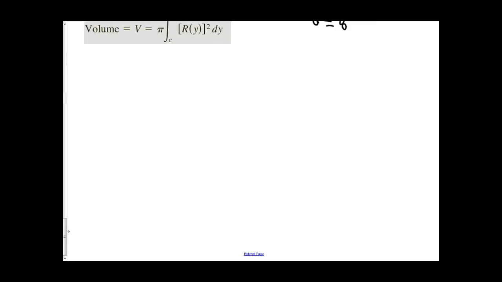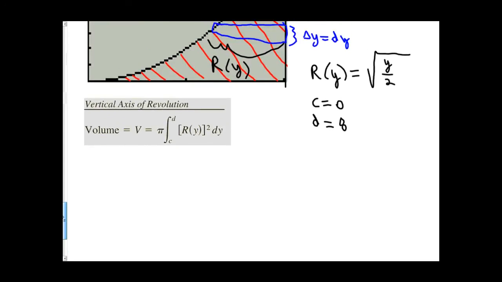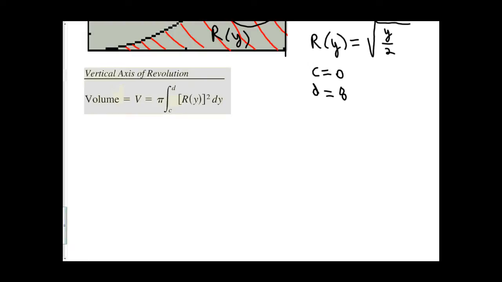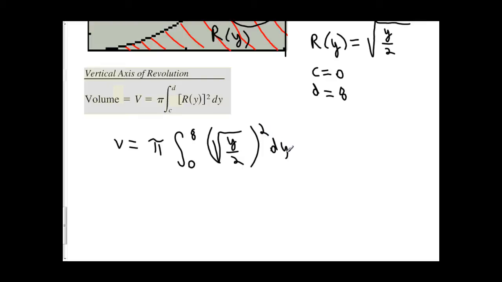The volume is going to equal pi times the integral from c to d, which is 0 to 8, of r of y, the square root of y over 2, squared, dy. This integral will give me my volume.